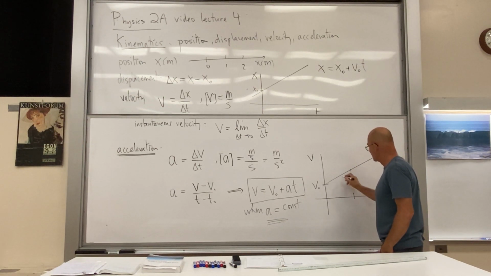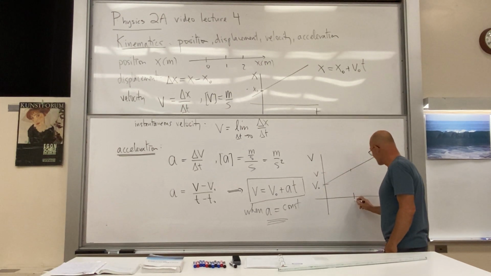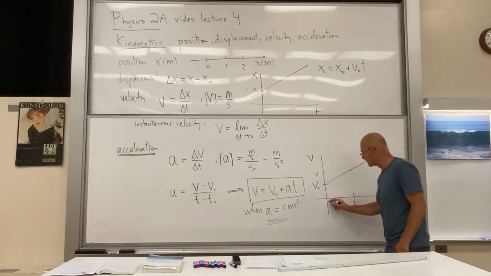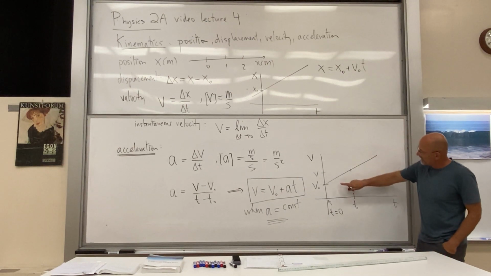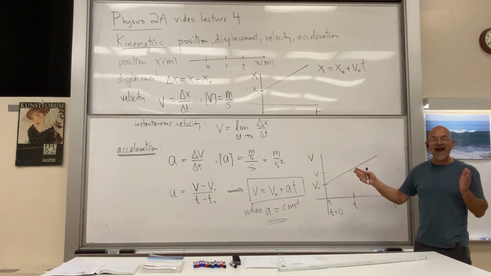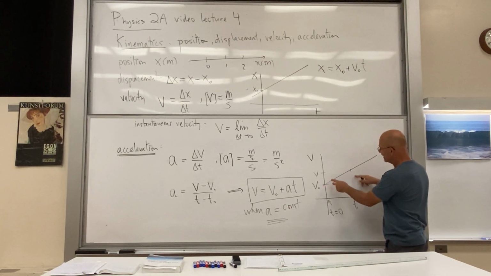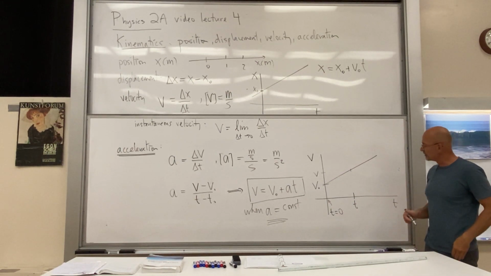Suppose we have a velocity at some time a little bit later than time equals 0. This is, of course, t equals 0. And the velocity has grown linearly. That means the average velocity in this particular case is just the midpoint on the curve. Right? Just the midpoint on the curve.